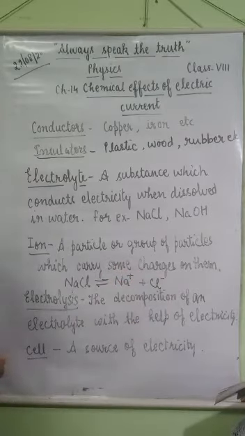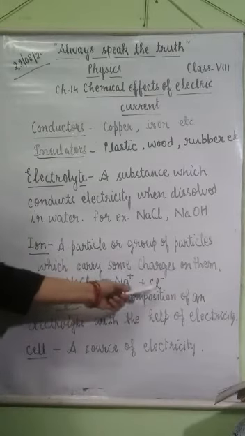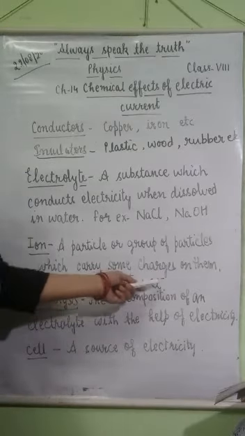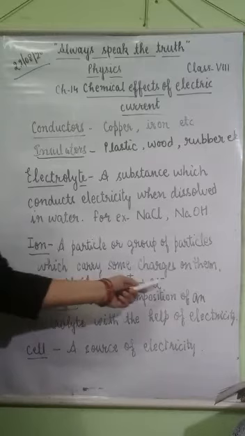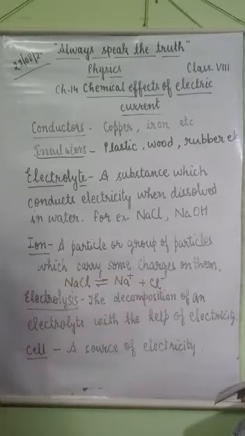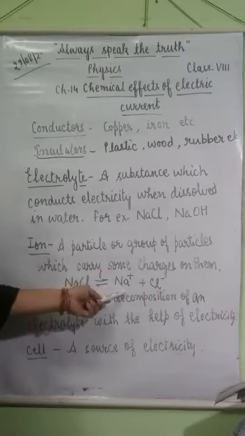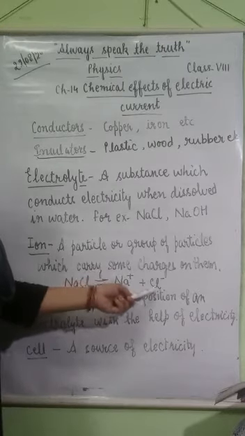So these are particles which carry some charges. This is a positive charge and this is a negative charge. So this is known as an ion. You will read it as sodium ion and chloride ion.